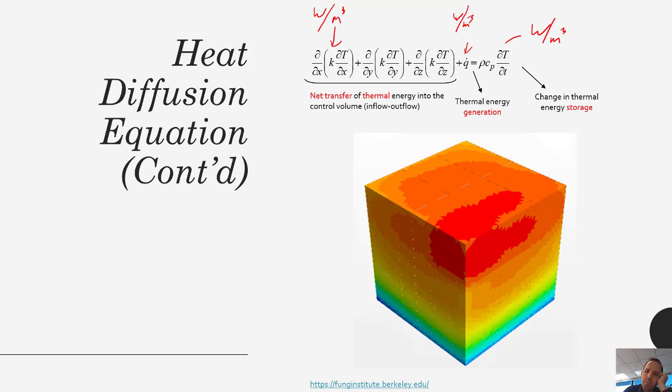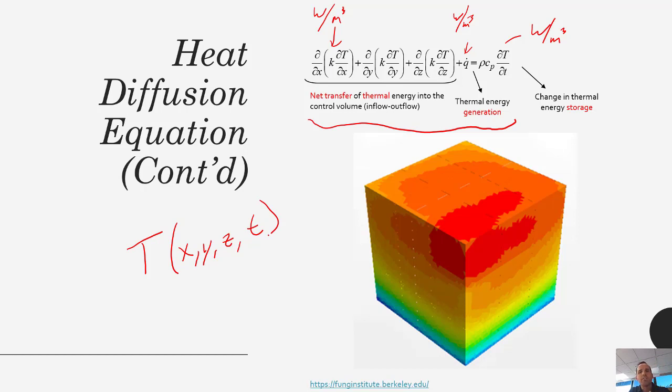I'm showing this picture here because I want you to see just how powerful this is. This is the same picture I showed in a previous slideshow. This simple equation, if we apply it and solve it over an entire large complex solid, would give us temperature as a function of x, y, z, and also time.